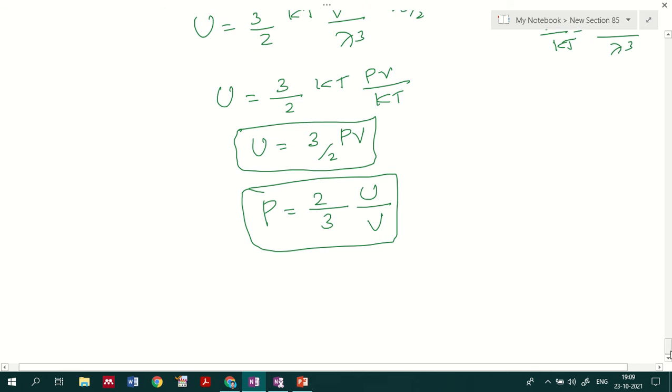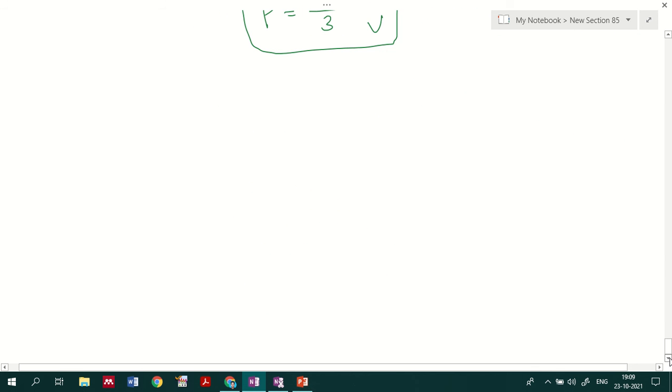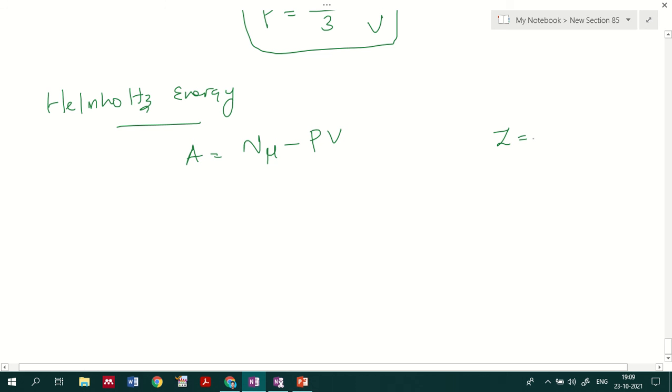Now the next part is that we'll be finding the Helmholtz energy corresponding to an ideal Bose system. So A equals N mu minus PV, where z we already know is e raised to mu by kT.